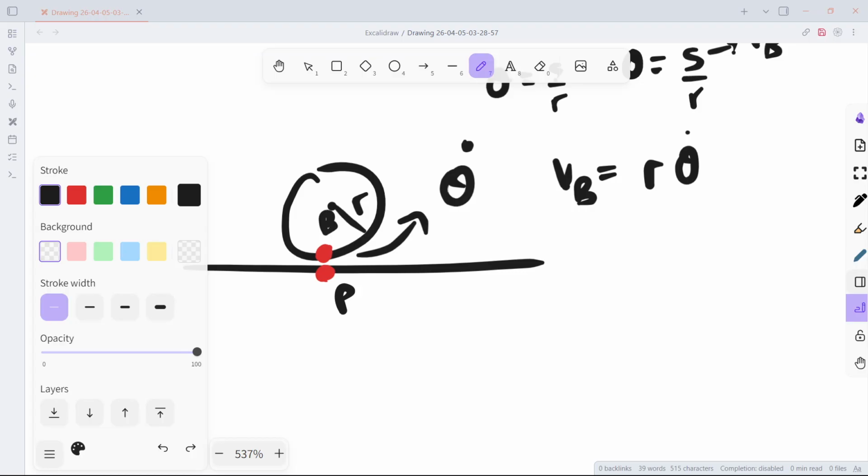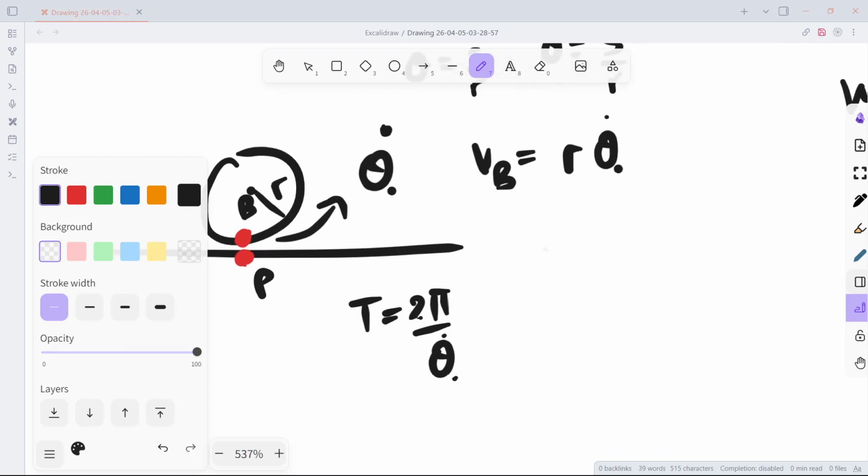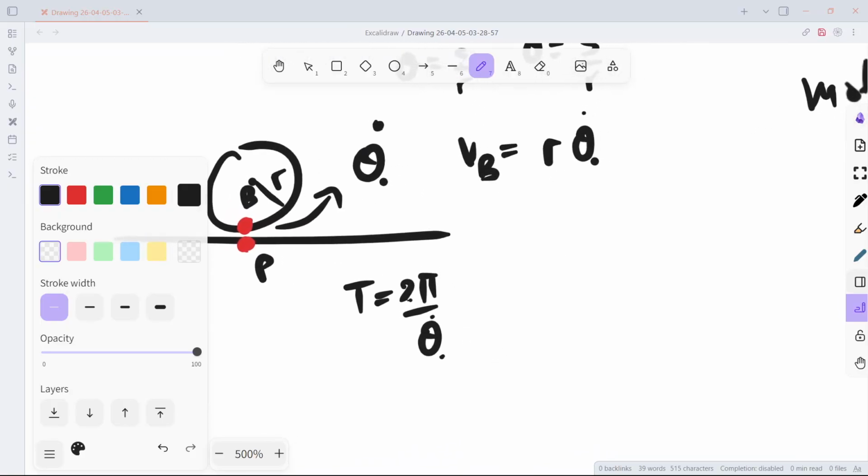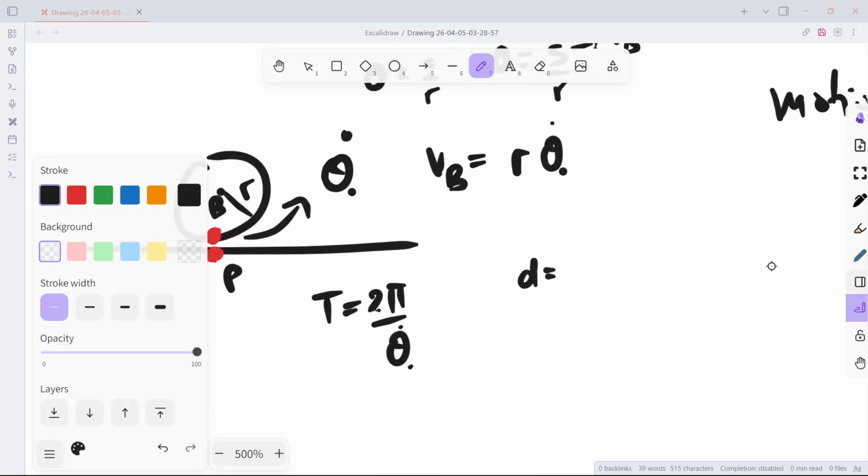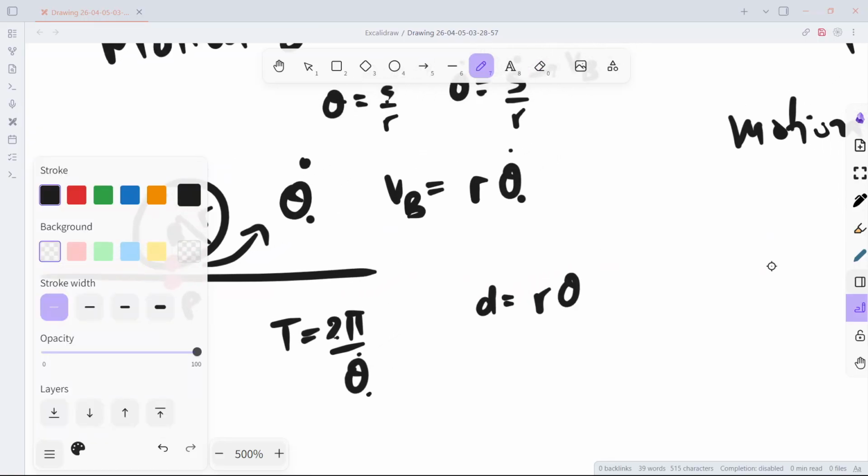We know that in time t equals 2 pi by theta dot, where theta is the theta for this small ball, let's call it theta small, the distance, which is the velocity r theta dot over time t equals 2 pi r.